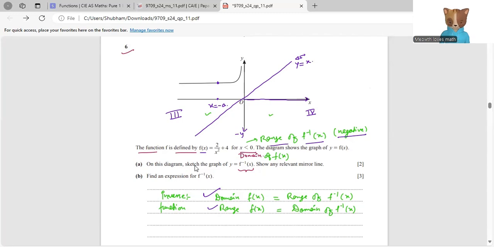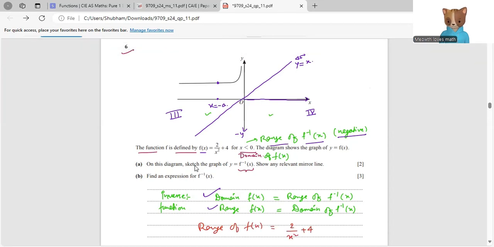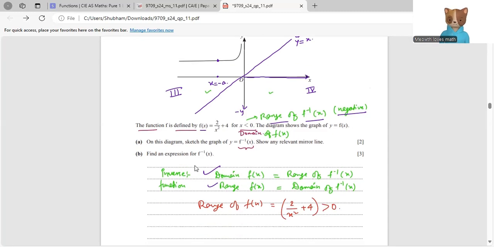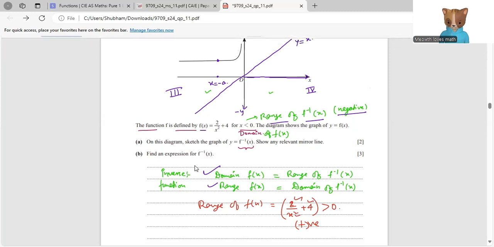What is the range of this f of x? Let's quickly check the range of f of x. So f of x is basically 2 over x square plus 4. Isn't this always a positive function? It is always greater than 0, isn't it? What type of function is this? Isn't this term always positive? 2 is positive, 4 is positive, and x square is positive, right?